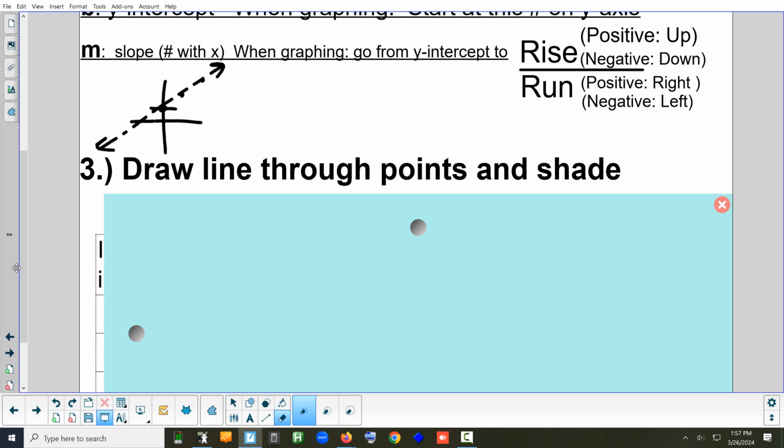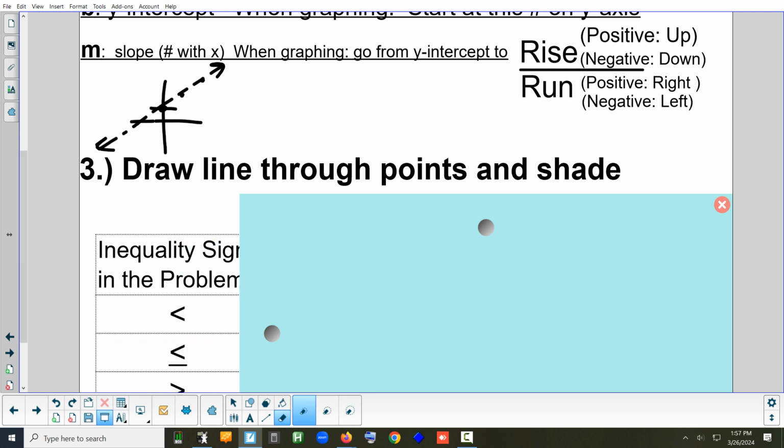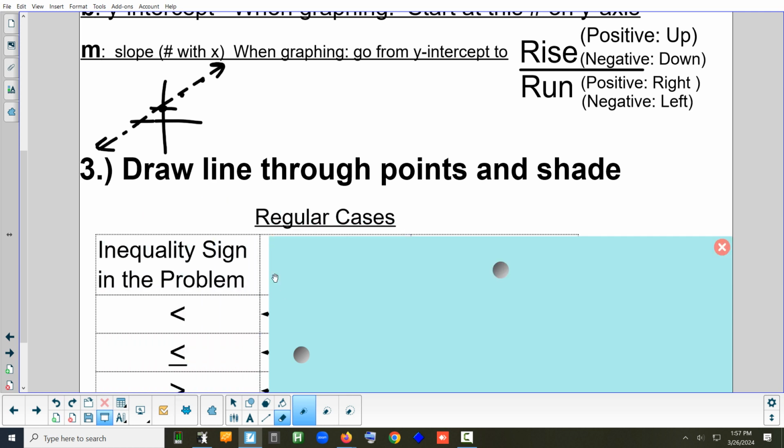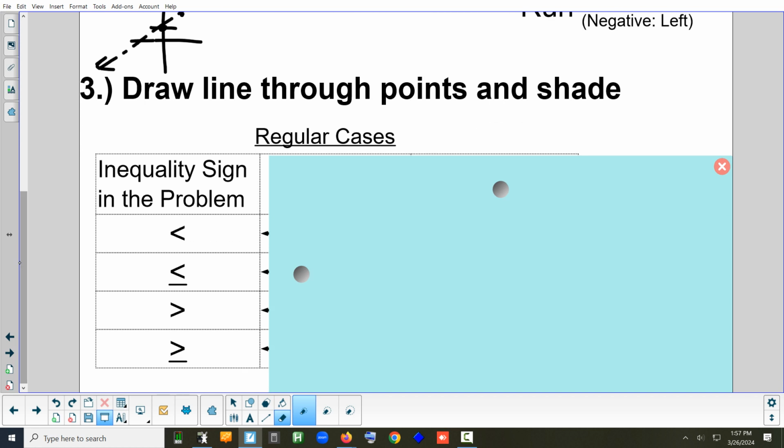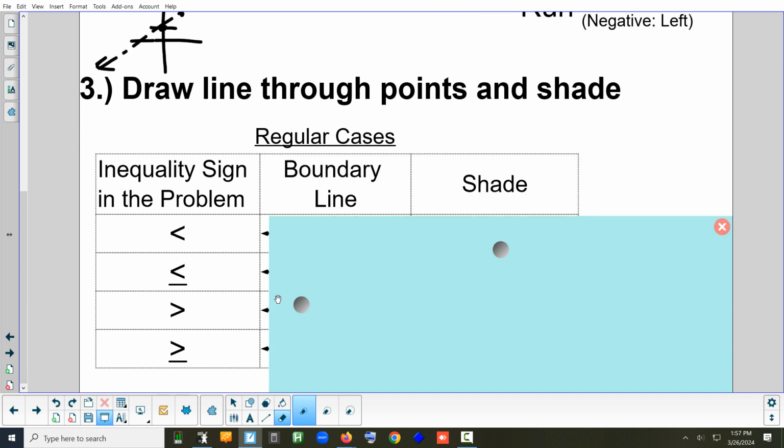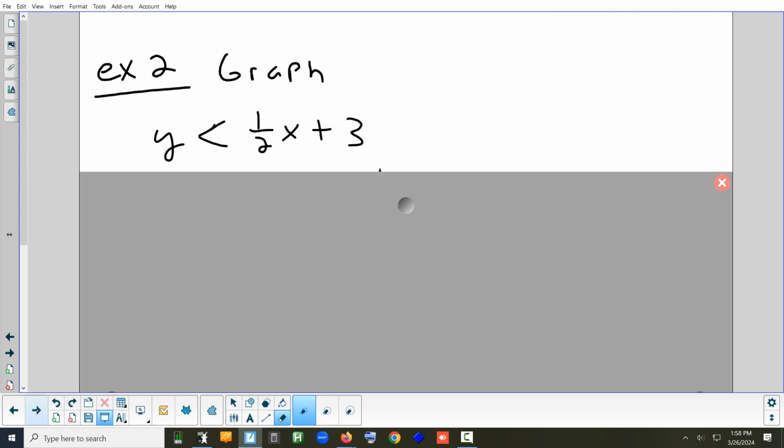Okay, so on your chart, we're going to write down the 4 inequality symbols. And then we're going to look at what kind of line do we use and where do we shade. I think the special cases off to the side on your guided notes, I think we're going to do that tomorrow.